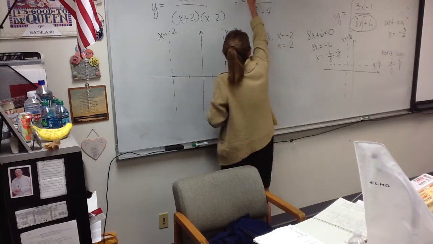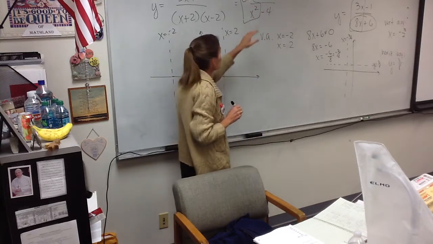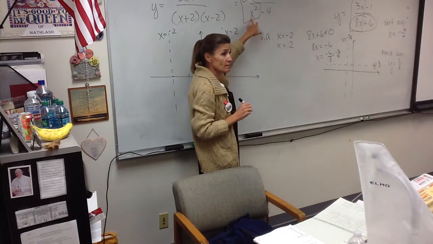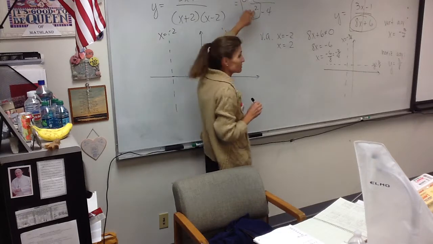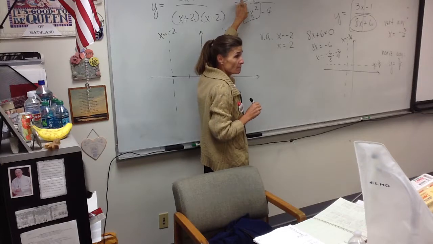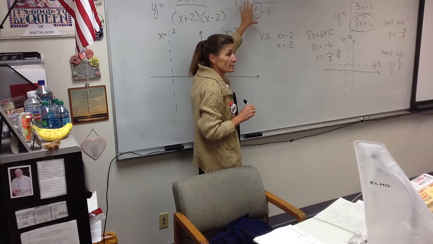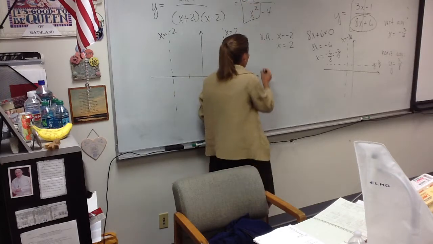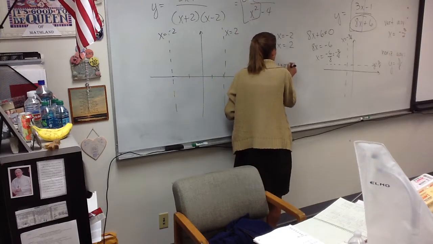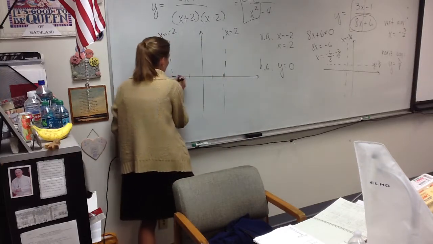You can't compare x's and x squareds. It has to be x squareds and x squareds. So there were no x squareds on the top. There's 1 on the bottom. What is 0 over 1? 0. So your horizontal asymptote is y equals 0, which is right here.